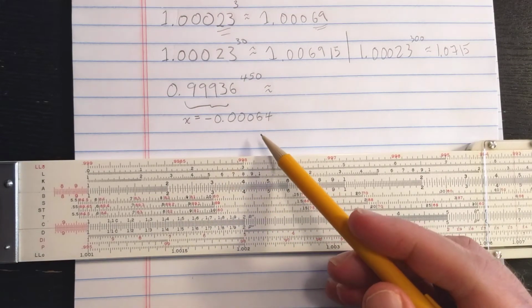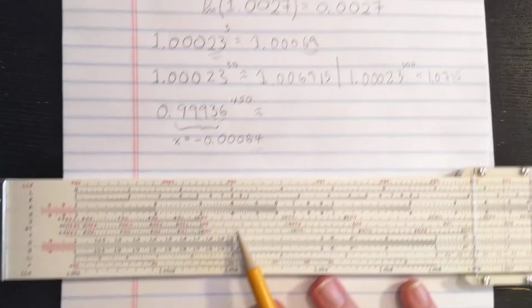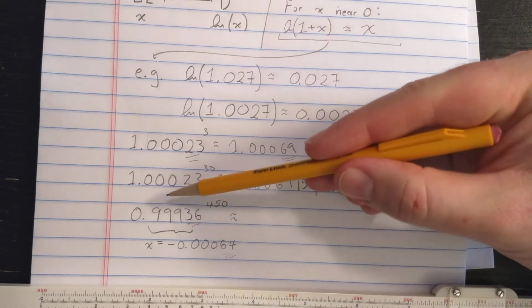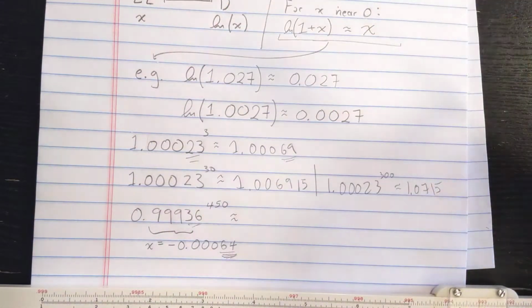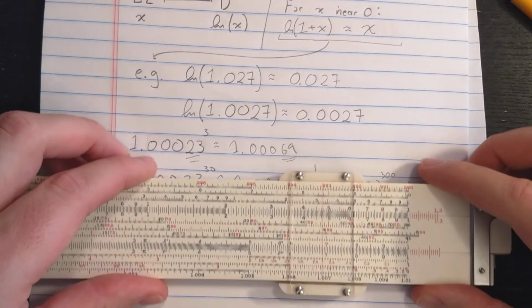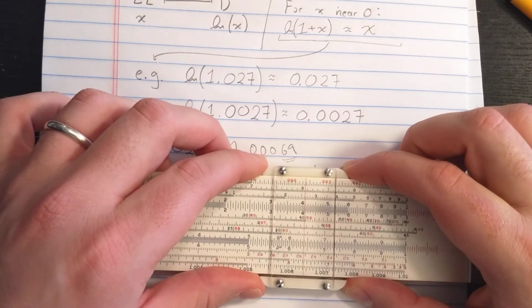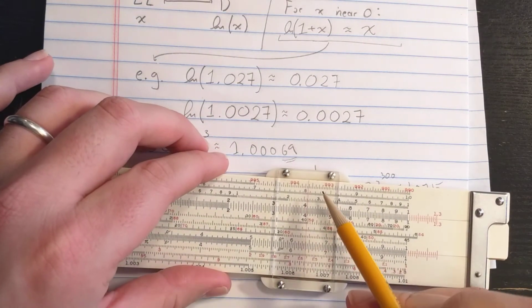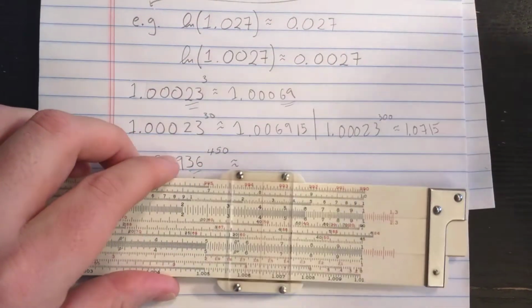Though the trick for these is that you need to take the complement of the number. So here, thinking about our original scheme, x is a negative number, and to get 0.99936, you need 64. So I'll find 64 on the D scale. Okay. You can see that's not too far from where it is on LL0, with 1 less 9.